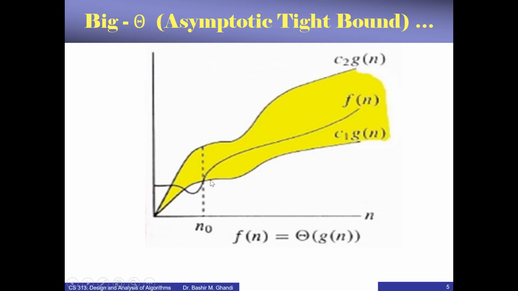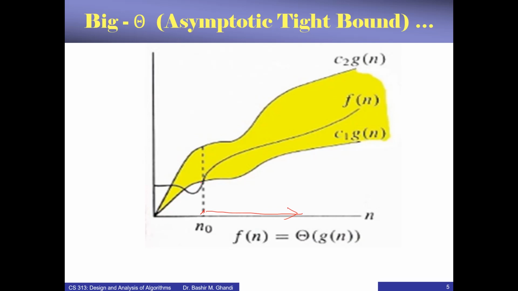So if this relationship is always true, that fn is bounded between these two functions for these values of n, from n naught here forward until infinity, the fn is always going to be between.